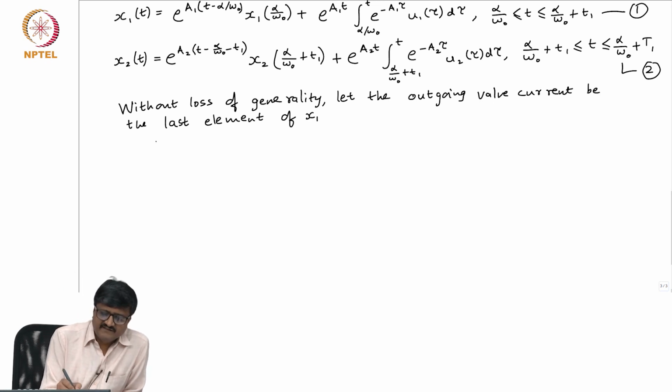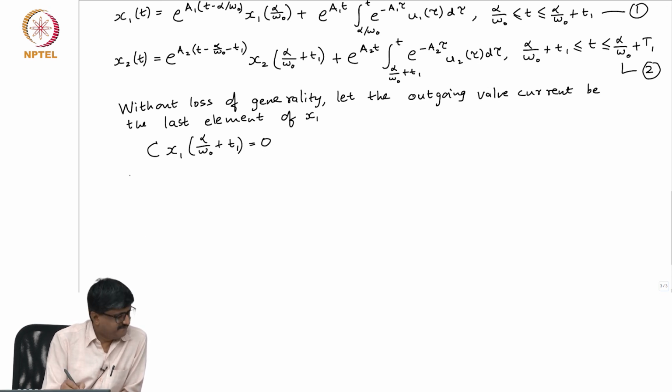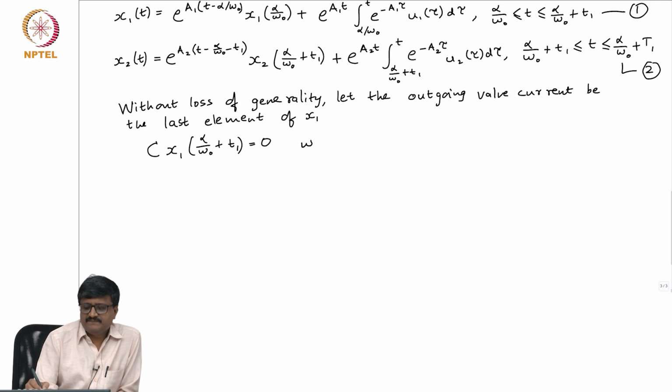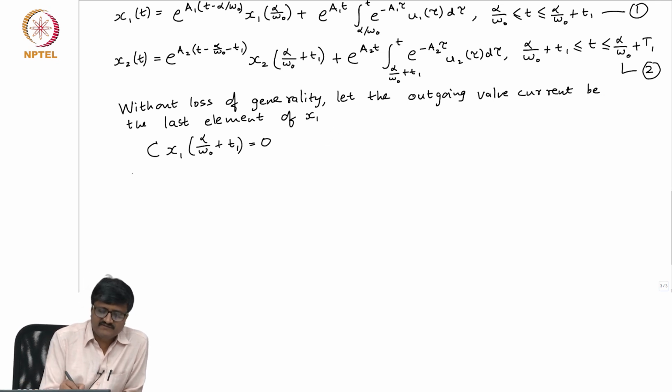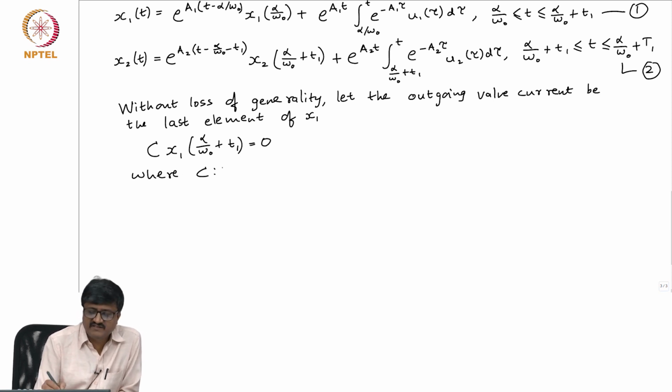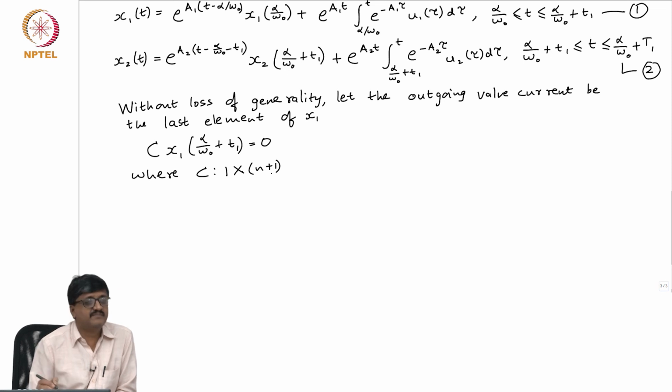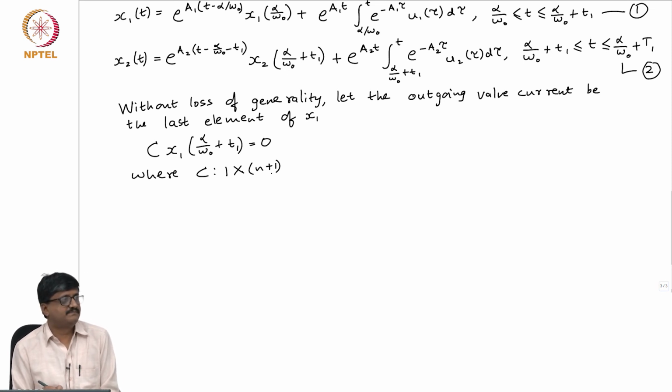So, I will write this as C into x1 evaluated at alpha by omega O plus T1 is 0, where C is, what is the size of C? Obviously, it is a row matrix, one row and n plus 1 columns, because x1 is having n plus 1 rows.